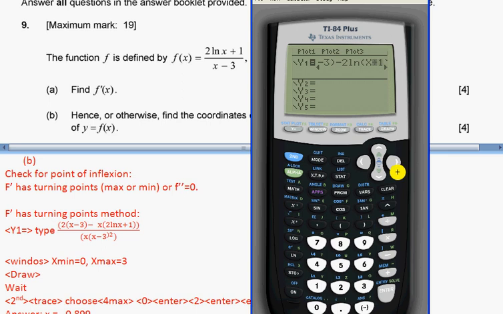Here I need plus 1. Plus 1. 2 logarithm. So I should return. So you should be very attentive, because the calculator is slow, so you should watch what's happening.